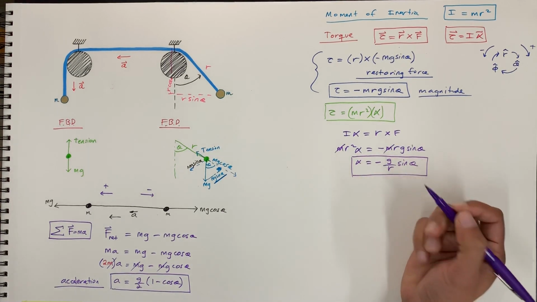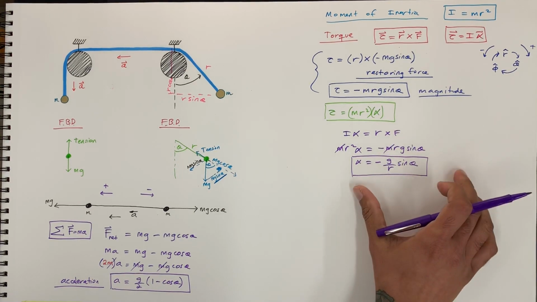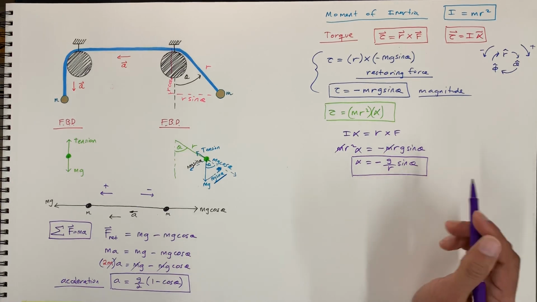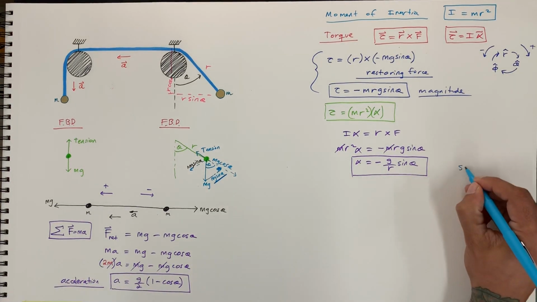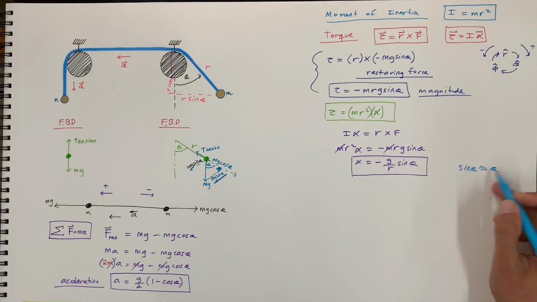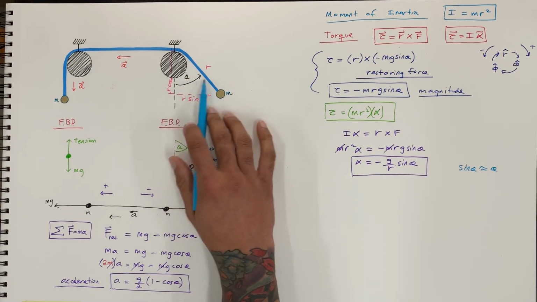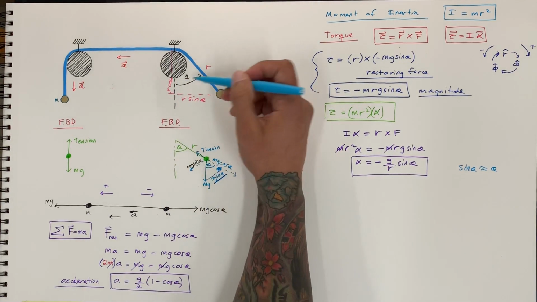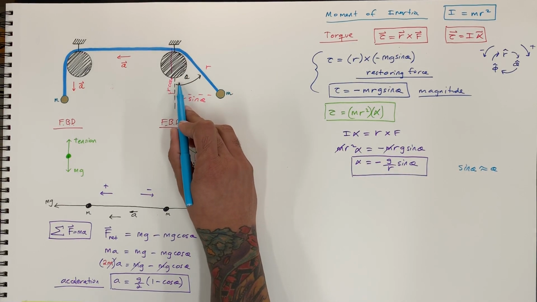Okay, so if we use small angle approximation, we see that sine theta can be approximated to theta. That means that this theta, even though it's drawn here, is a little bit larger than a small angle would be. We can just say that the angle is going to be around here.